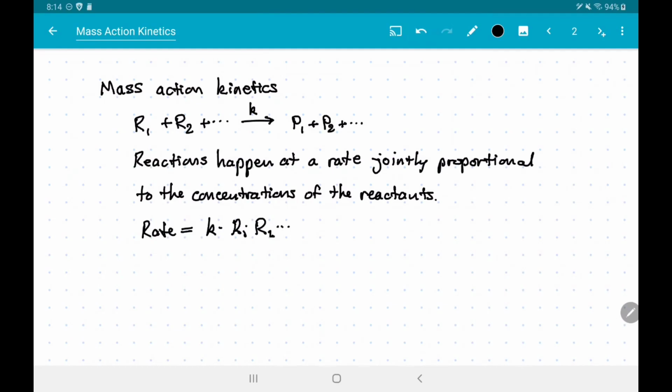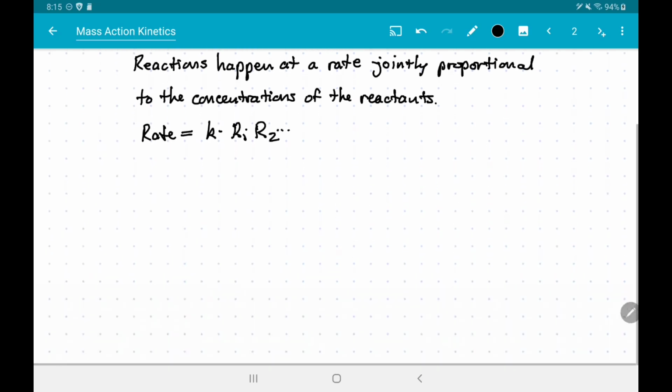Now, as to what you do with that, you keep track of how many units of each reactant and product are created or consumed by the reaction, and you add or subtract terms like this when formulating the differential equations for those concentrations.